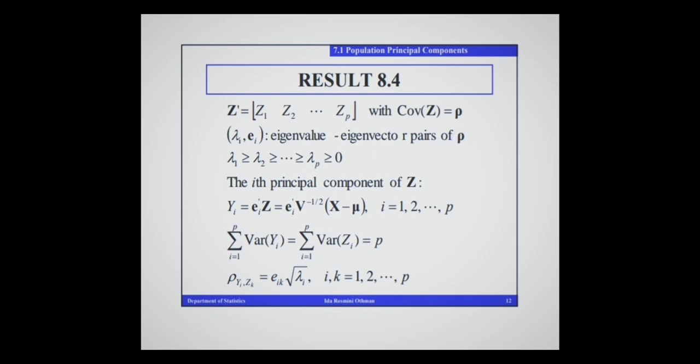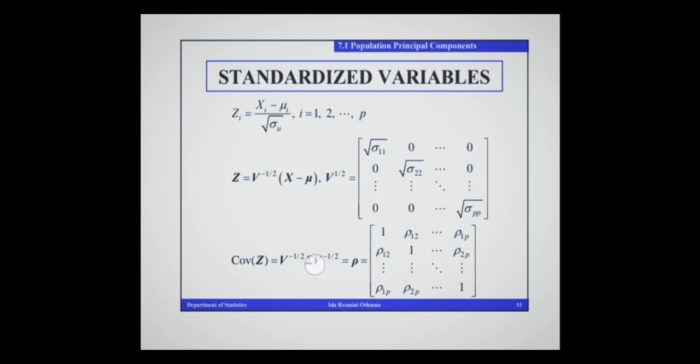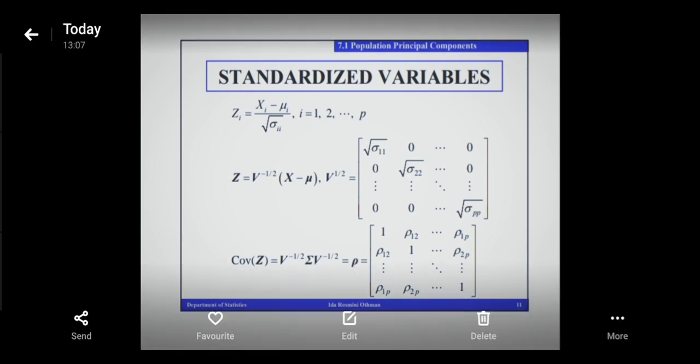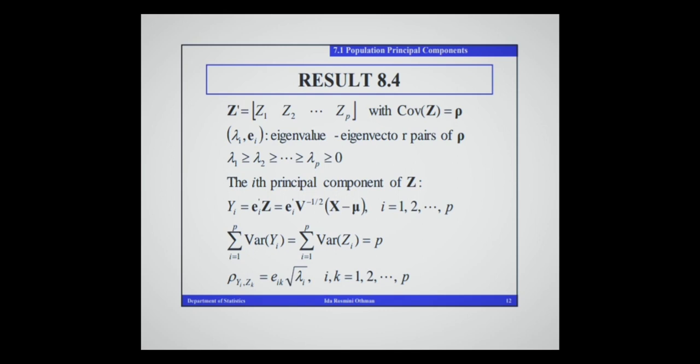But now we find lambda and E from the correlation matrix. So how to find the correlation matrix? Using this formula, which is rho. Okay.